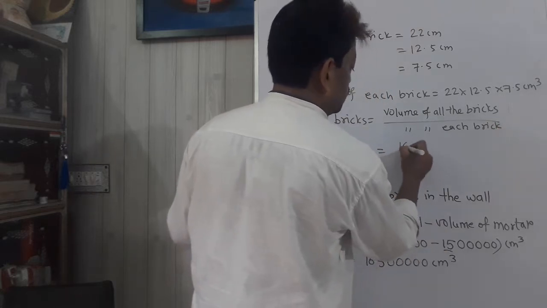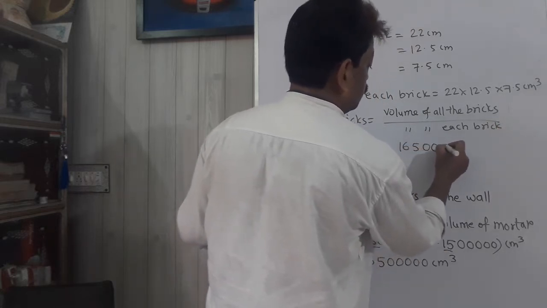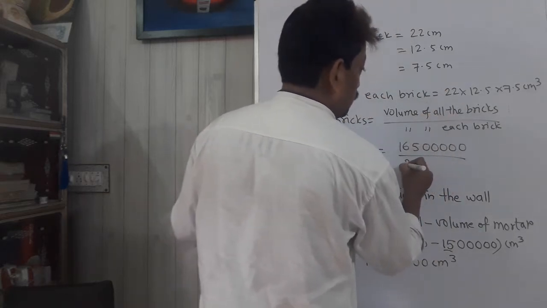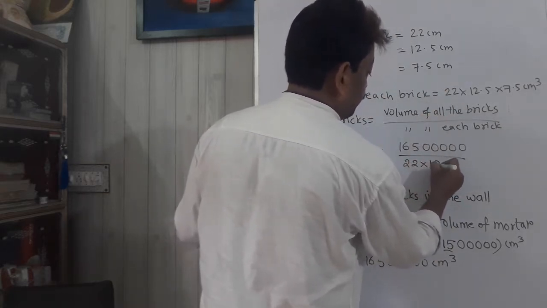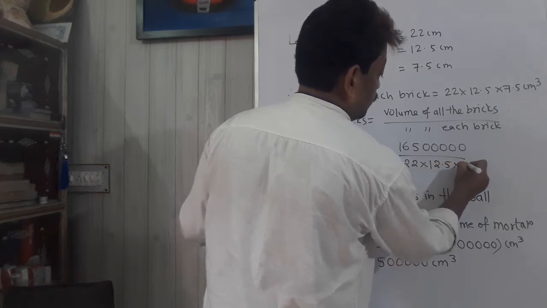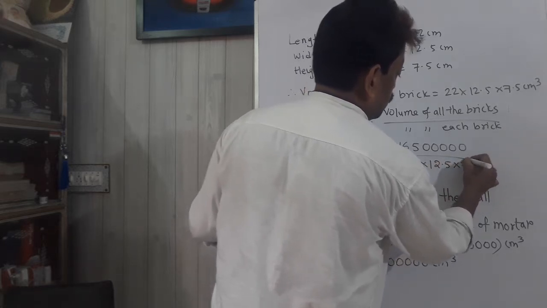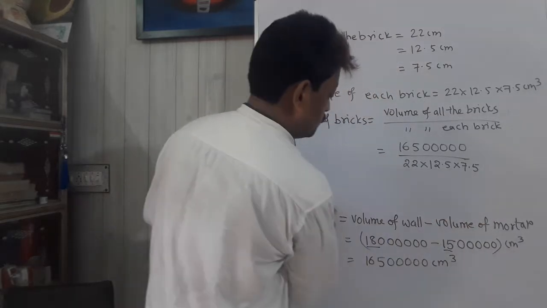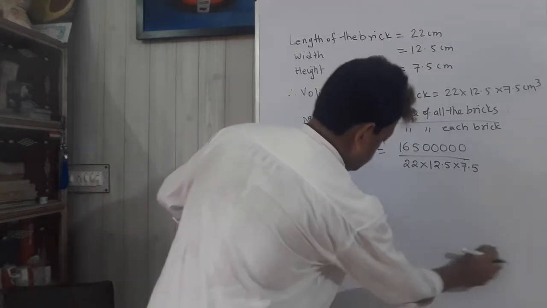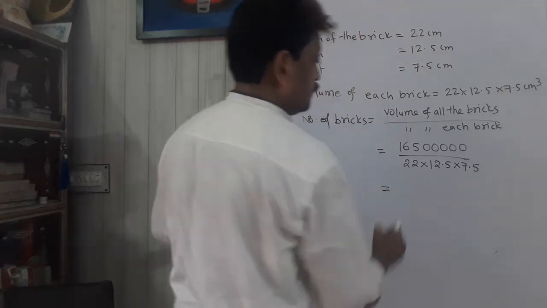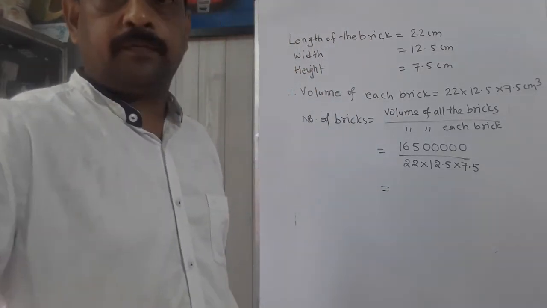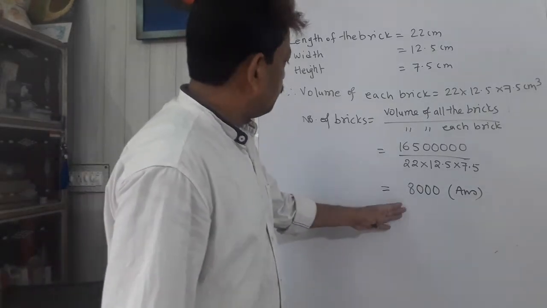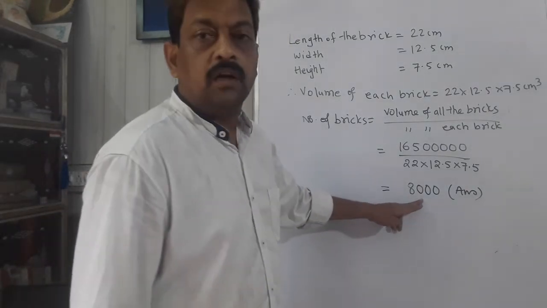That means 165 followed by 5 zeros divided by 22 into 12.5 into 7.5. We have to calculate this. So after calculation, I've got the number of bricks equals 8,000.